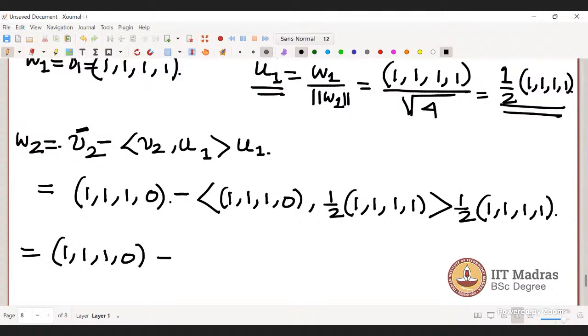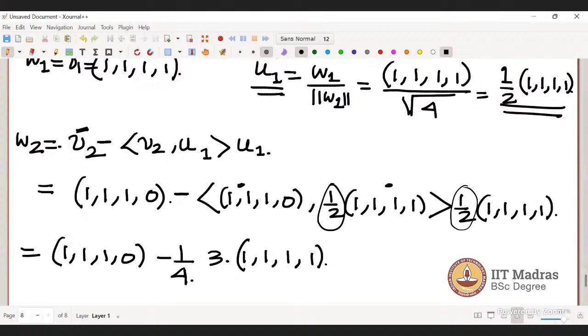If I take this half out, and again multiply with this half, I'll get 1 by 4. If I take the dot product of this vector with this vector, I should get 3 times the vector 1, 1, 1, 1.